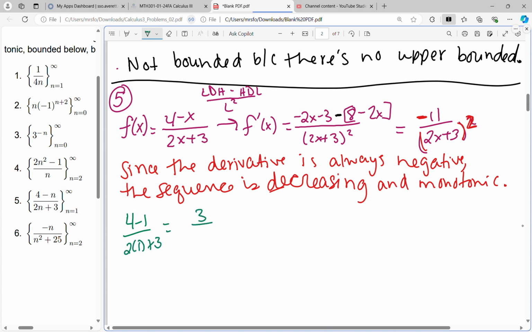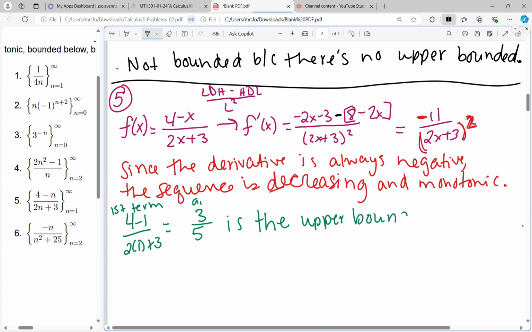That gives me 3/5. This is the first term, your a sub 1. So 3/5 is the upper bound, and then from there it decreases.